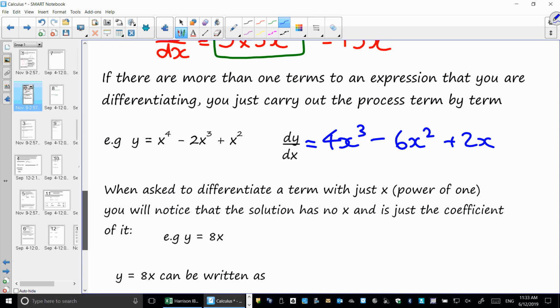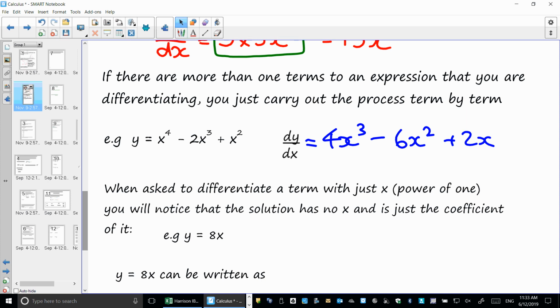Do we remember doing this at GCSE? So 4x cubed minus 6x squared plus 2x.